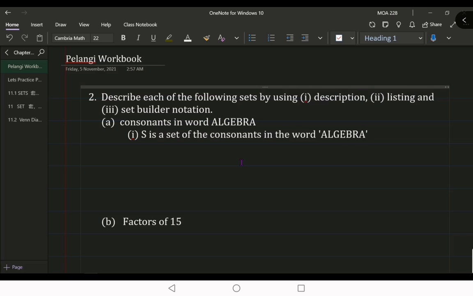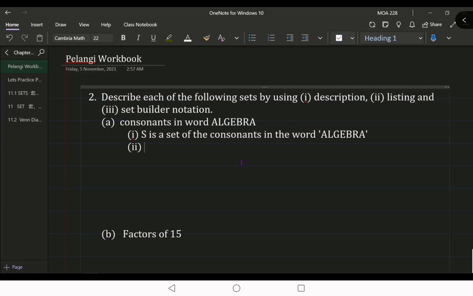Okay, so the second one, you need to describe what you are going to describe there. That one is a listing method. You're listing all of them.